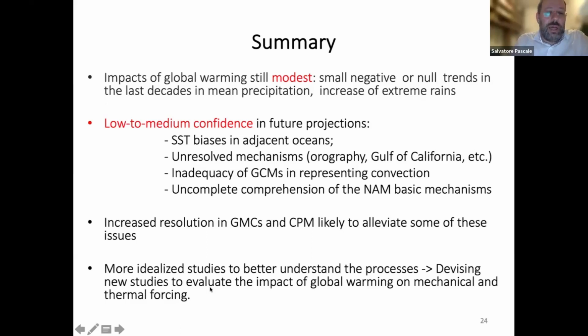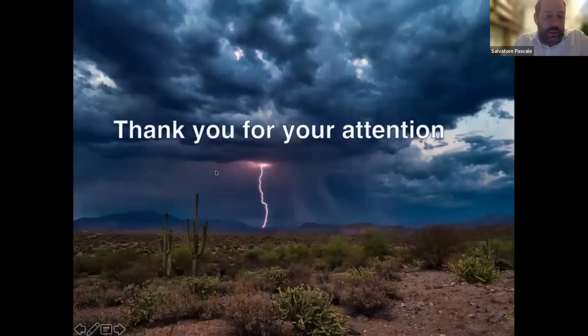But now we have GCMs of resolution of 50 kilometers, 25 kilometers. And so more idealized studies, I think, will help to better understand, for example, the role of mechanical versus thermal forcing. And with this, I would end, and I thank you all for your attention.